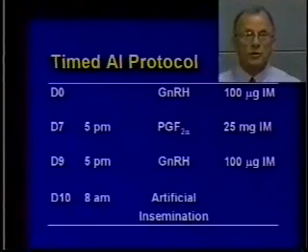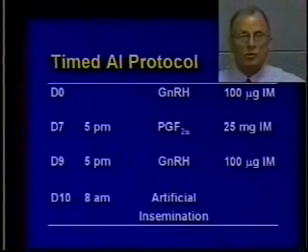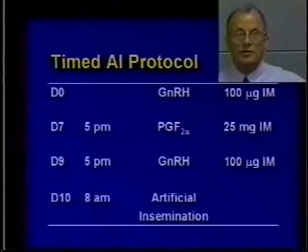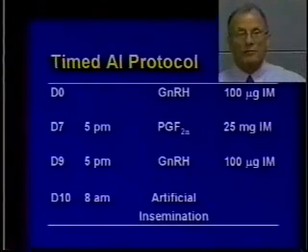What happens on day 0 with the LH that is released, we will cause luteinization of the cyst, or we cause ovulation of a follicle that happens to be present on the ovary. A week later, when we give the prostaglandin, all that luteal tissue is regressed, and a new follicular wave starts.